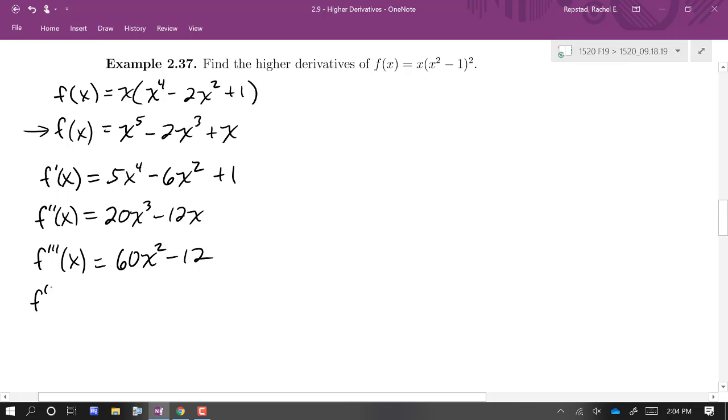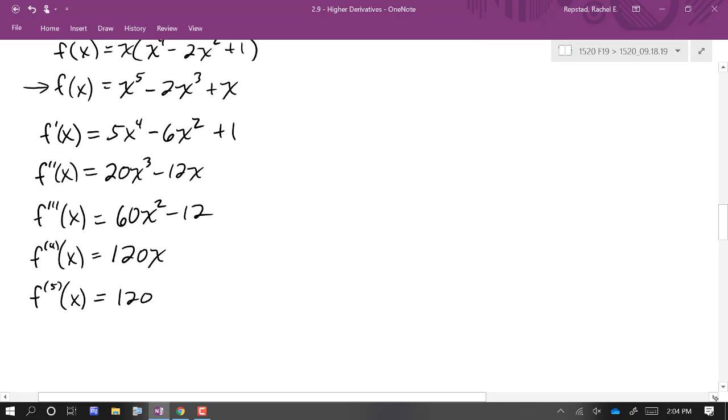The fourth derivative? 120x. How about the fifth derivative? 120. And then what about the sixth derivative? 0. So in fact, all the derivatives thereafter are 0.